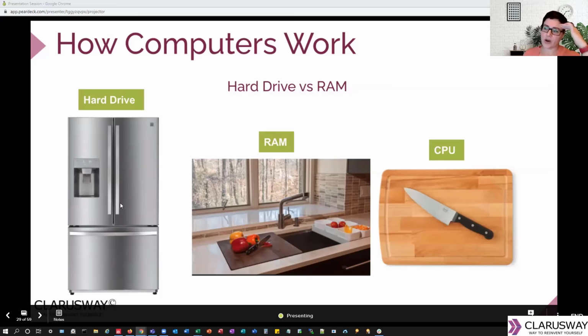That's also how the computer works with data. It'll retrieve data from the hard drive, move it into this temporary storage area, and then quickly, as processing is required, process that data by pulling it into the CPU, processing it, and then pushing it back out to that temporary memory.